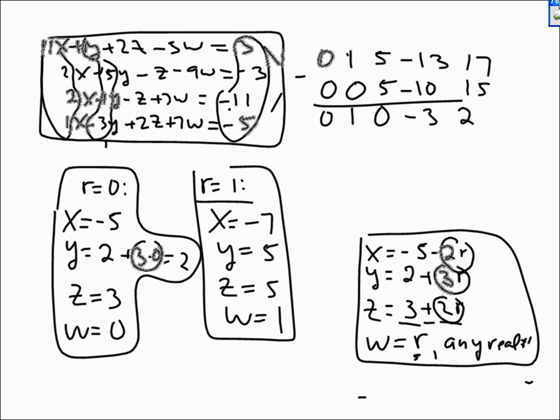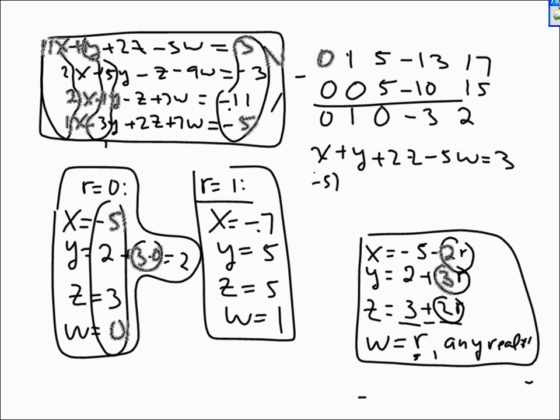Let's just look at one example. The first equation is x plus y plus 2z minus 5w is 3. If I use those answers, x is negative 5, add on y, which is 2, add on 2 z's, which is 6, take away 5 w's, and 5 times 0 is 0.